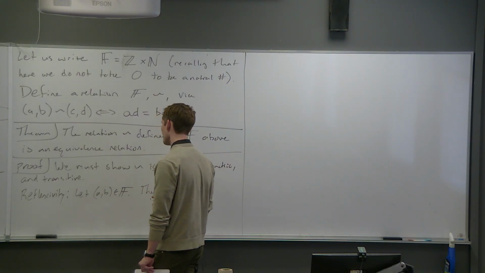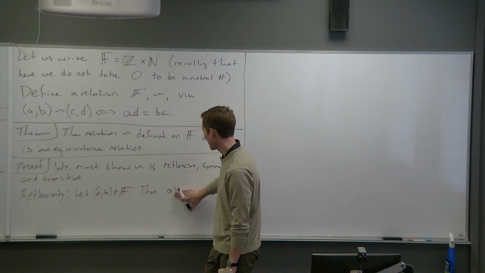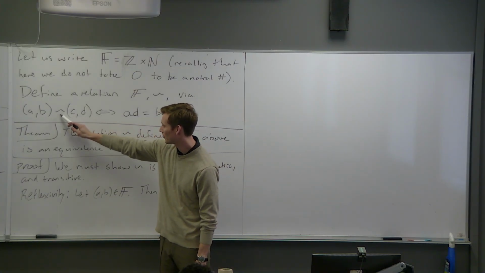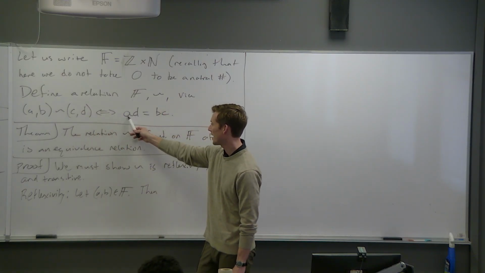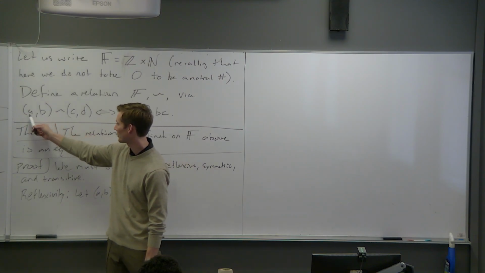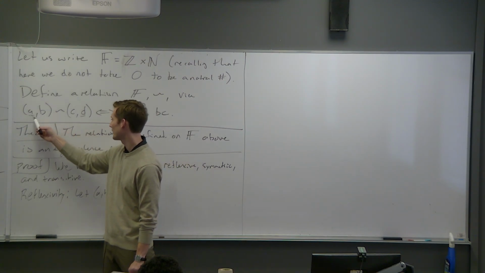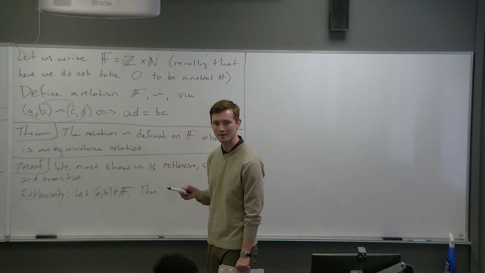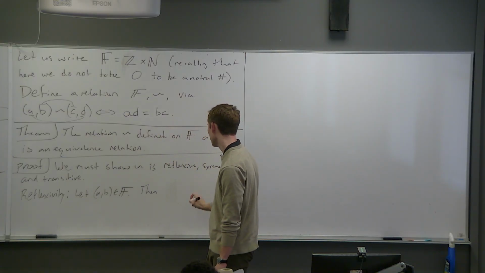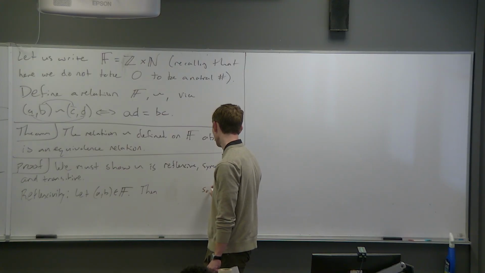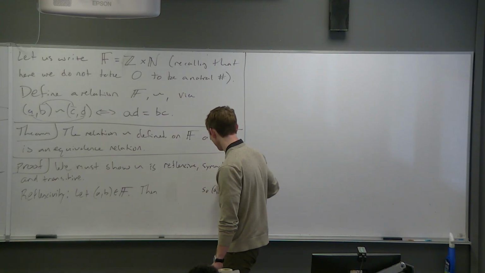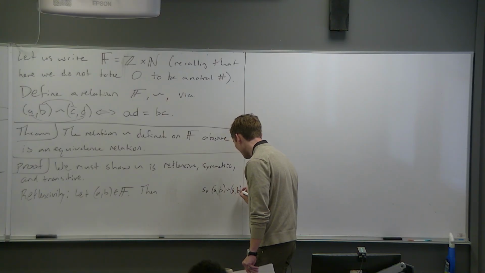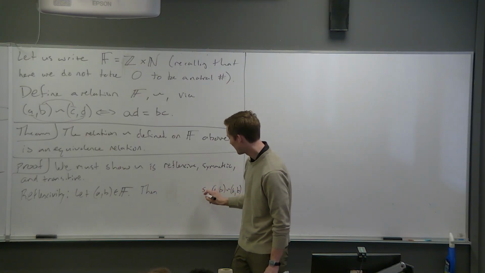So when is (a,b) similar to (c,d)? That would be when a times d, the first thing times the second thing, these two get paired up, and these two get paired up. If we want to show that (a,b) is related to (a,b), what would that mean?